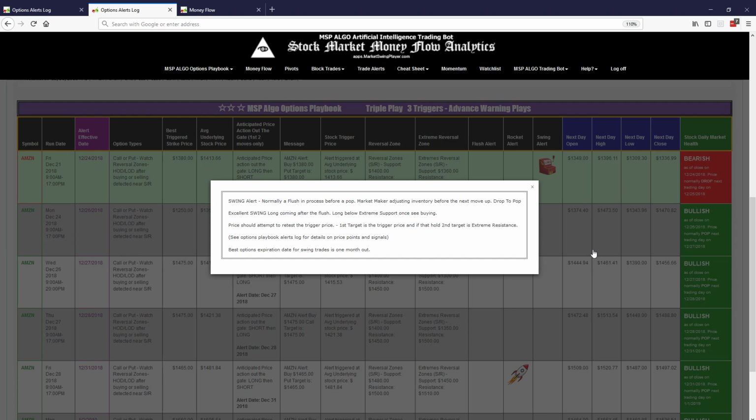Normally that first move is going to be a retest of some sort of support level. Okay, normally with these swing alerts it will retest support. So it'll flush to support and test that. Normally the market makers are adjusting their inventory for the next move up.